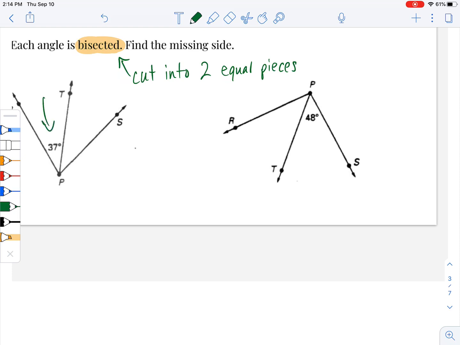So if this half is 37, well, the other piece must be equal to it, because it's cut into two equal pieces, it's cut in half. So if that's 37, then my other side must be 37. Or over here, if this is cut right down the middle, if that's 48, well, then my other side must be 48 as well. And that means cut in half, that word bisected.